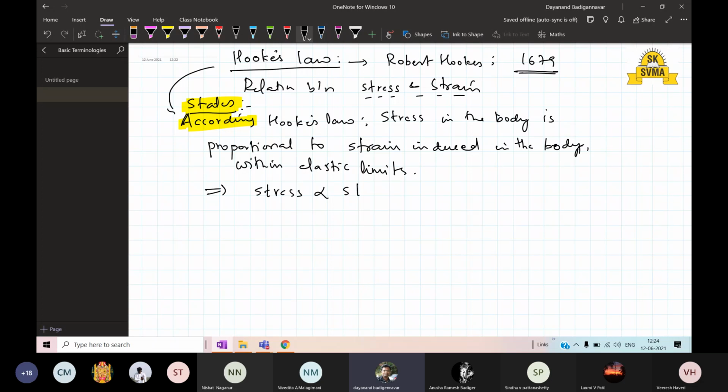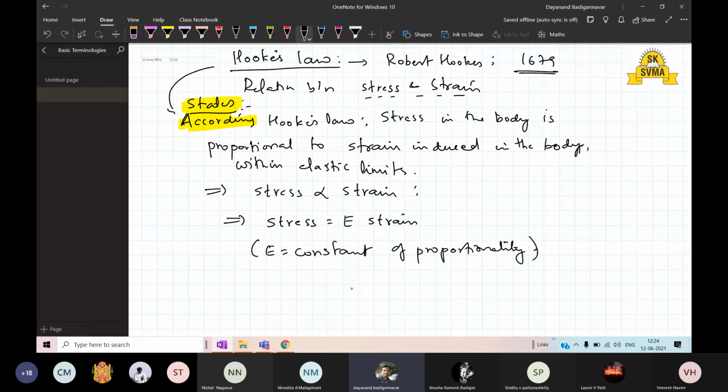Or I can remove the proportionality sign and introduce a constant E. So stress is E times the strain, where E is a constant of proportionality, which is known as the modulus of elasticity.